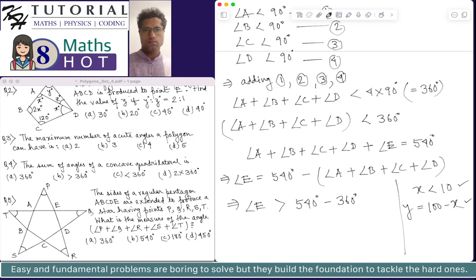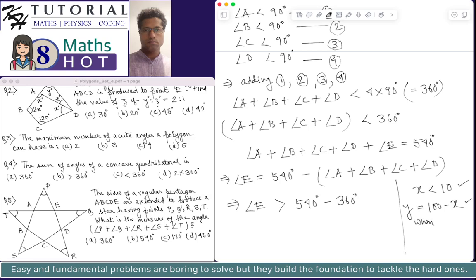So the maximum value of x is 9. x cannot have the value 10; x can start from 9.